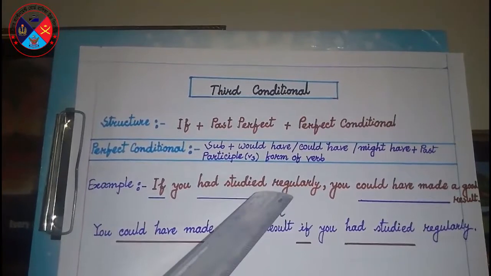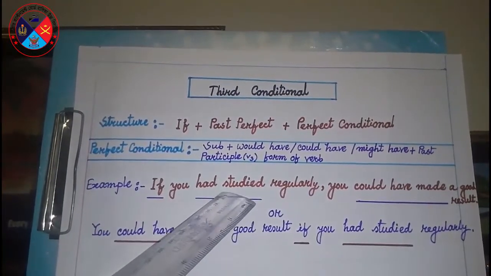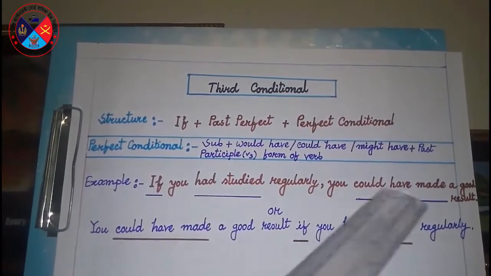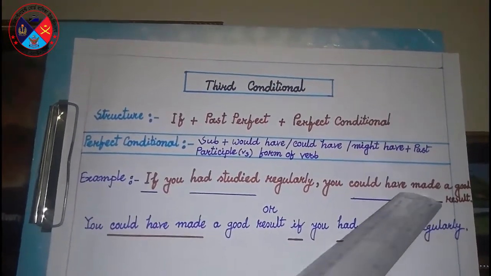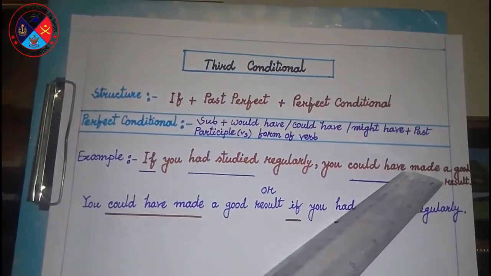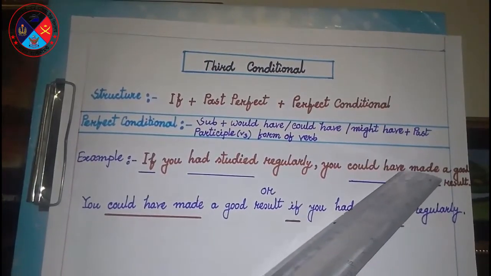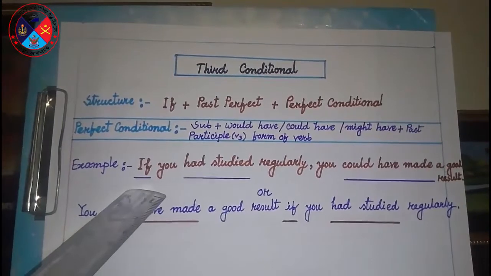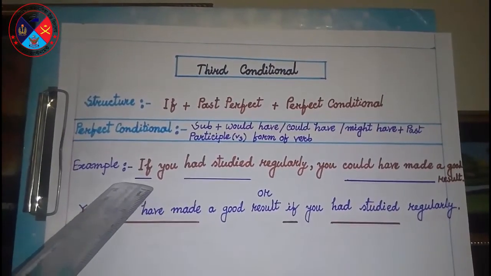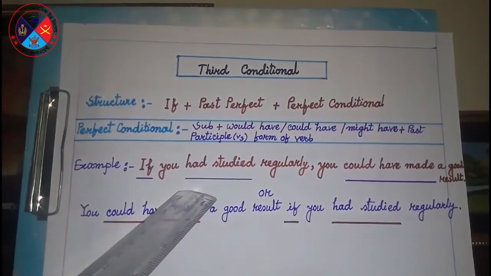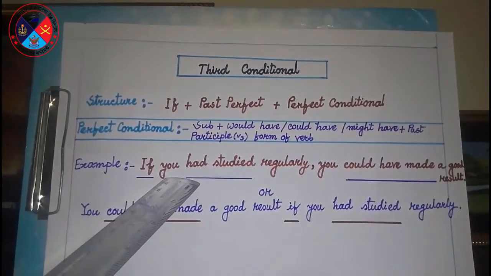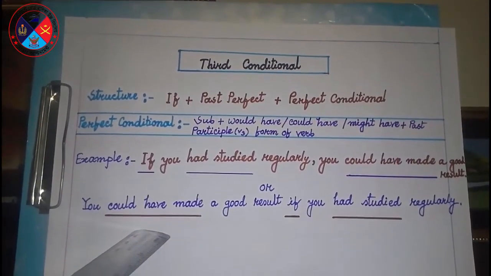When the verb of subordinate clause is in past perfect tense, the structure of principal clause will be in perfect conditional form. I have told you before, conditional sentences may be started either with subordinate clause or principal clause.